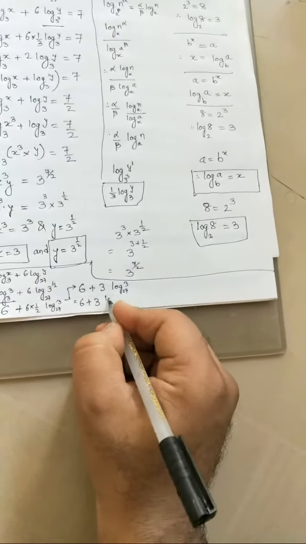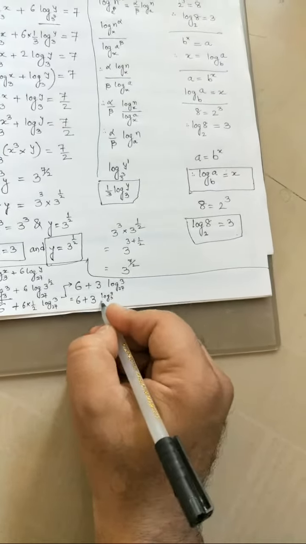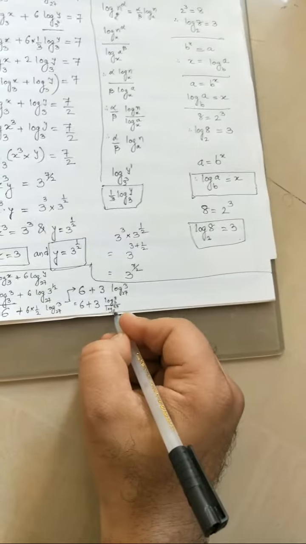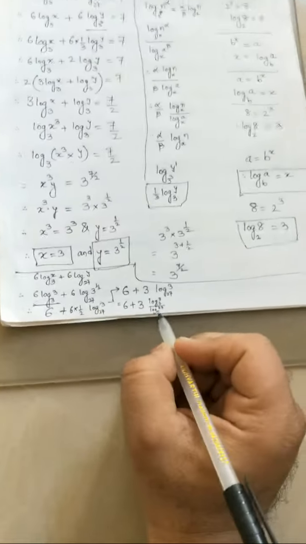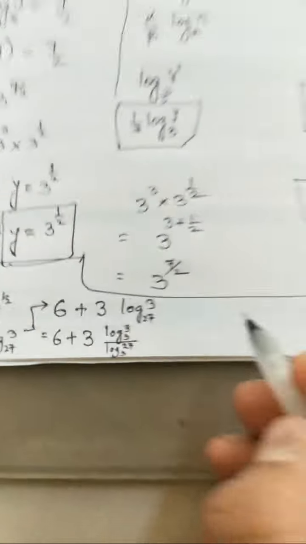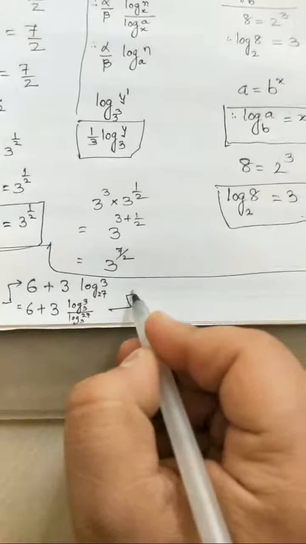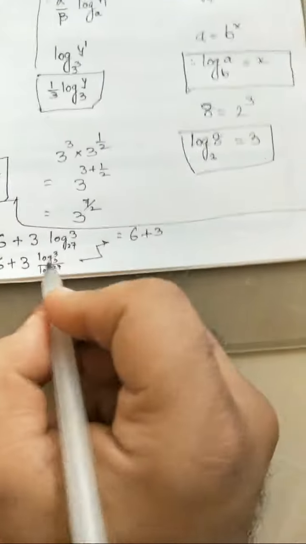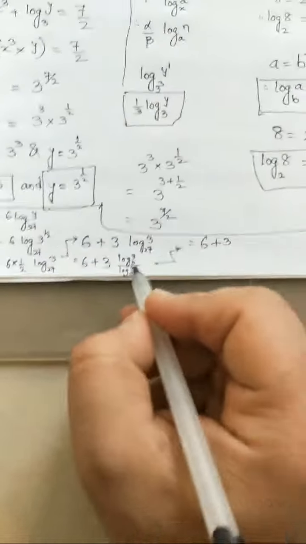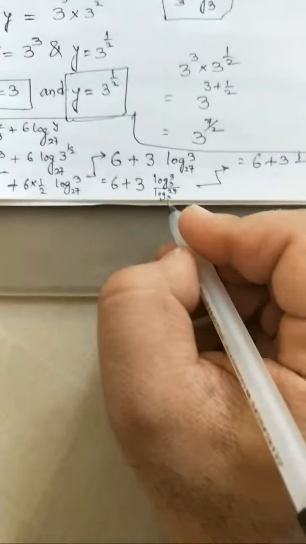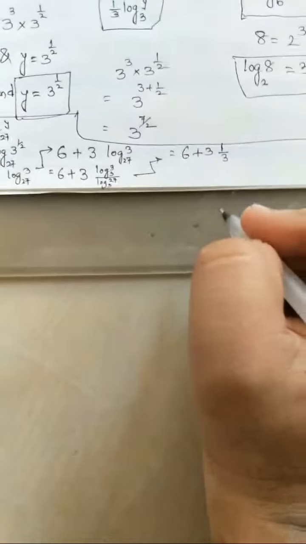Now we can get this term as this. Taking 3 as the common base, we'll get log 3 to the base 3 and log 27 to the base 3. So the next thing will be 6 plus 3, and now log 3 to the base 3 is equal to 1, and log 27 to the base 3 is equal to 3.